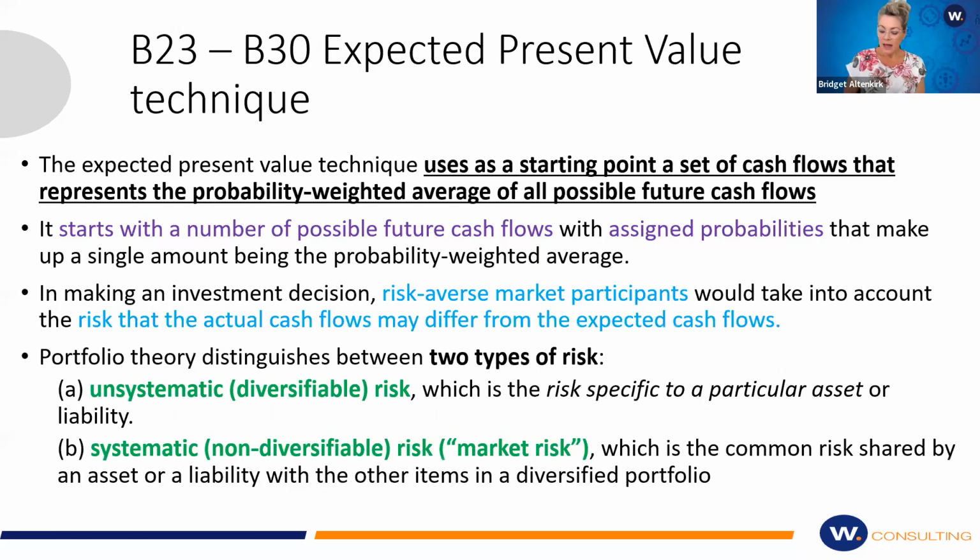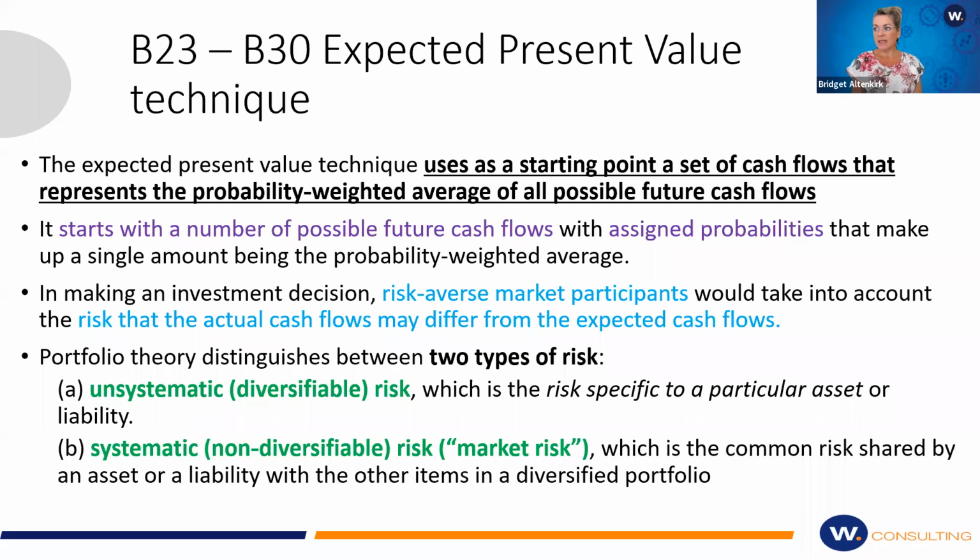So I said, in alternative to the discount rate adjustment technique, there's the expected present value technique, which could be used in accordance with IFRS 13. This is where the starting point is the set of cash flows that represents the probability weighted average of all future cash flows. We'll go through an example of what that means just now.